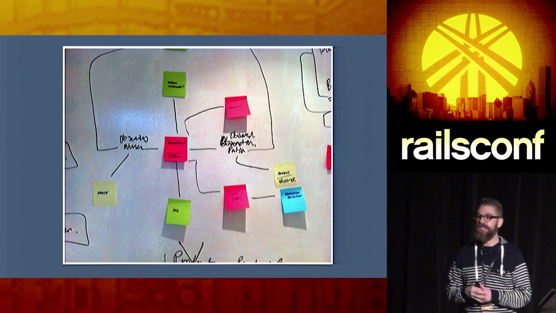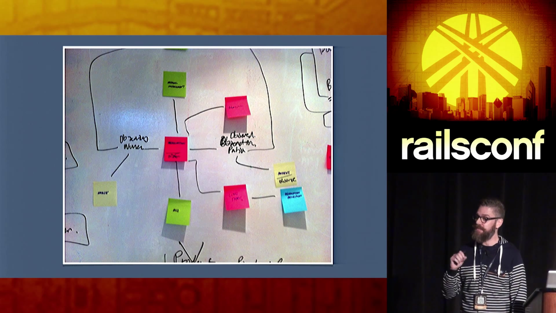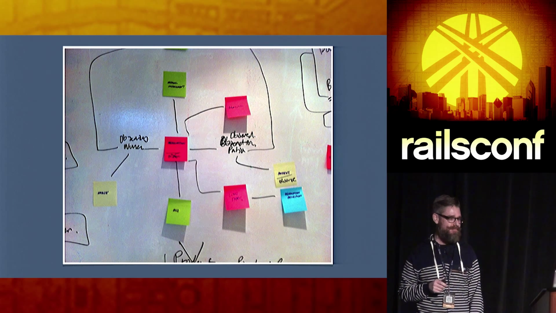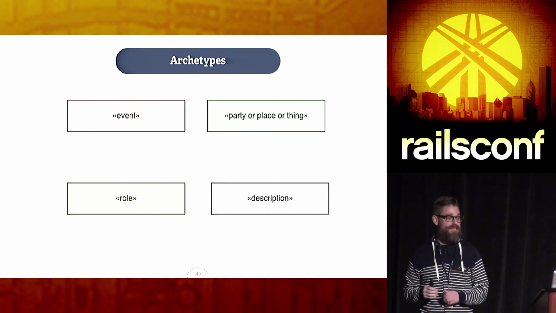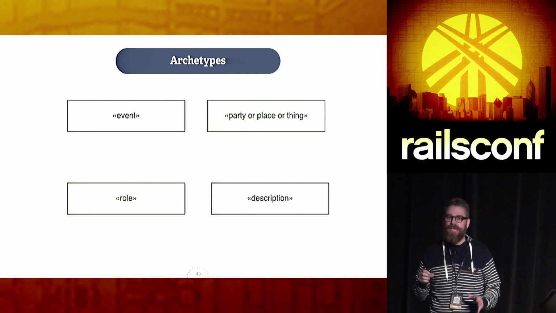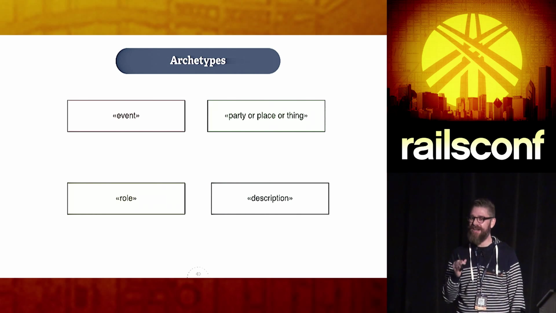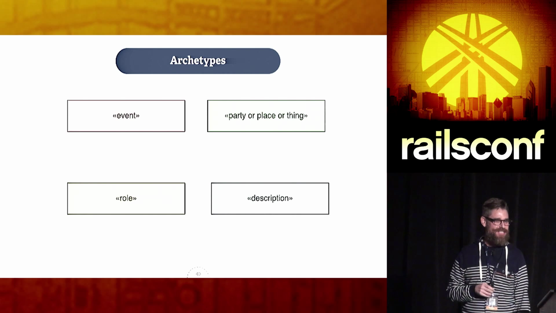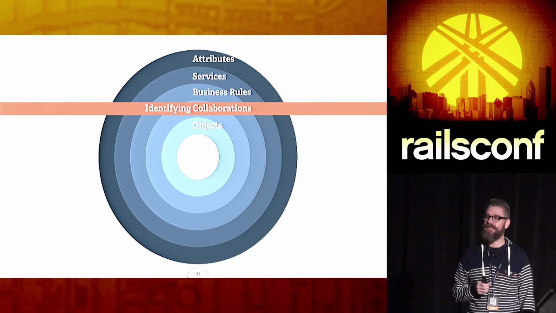And with our team members, we can collaborate in an agile manner on our business domain. So now we have these four archetypes that help us guide finding business objects in our domain. But you might have noticed that it was a little difficult for me to talk about one object in isolation. And this leads us to our next skill, identifying collaborations.